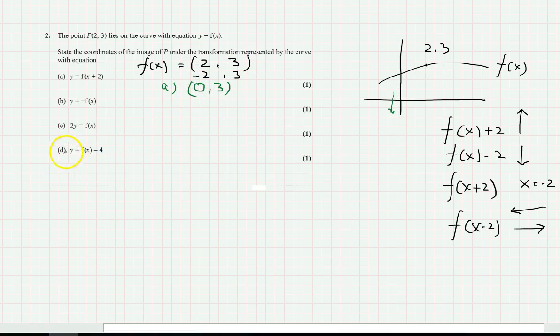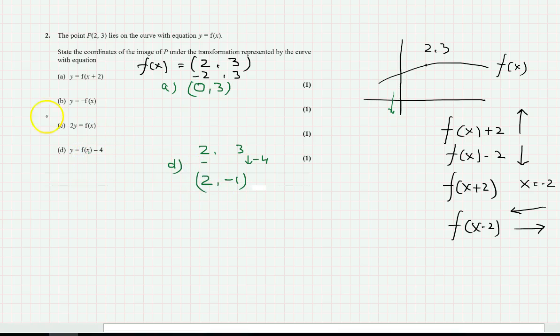In the same way, part D. This is f(x) minus 4, which means y is going down. So 2 and 3 is the original point. X will remain the same and y will go down by 4. So it will become 2 and minus 1.